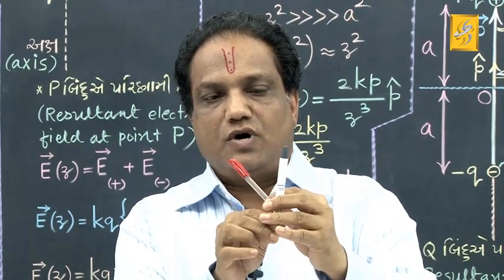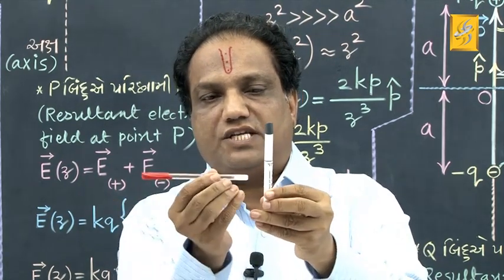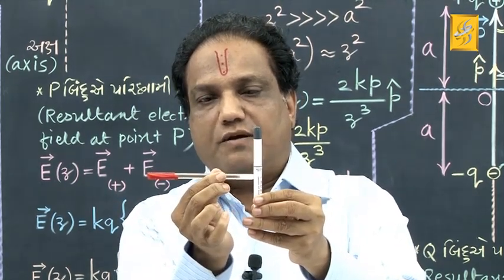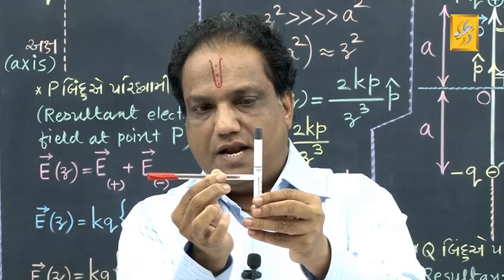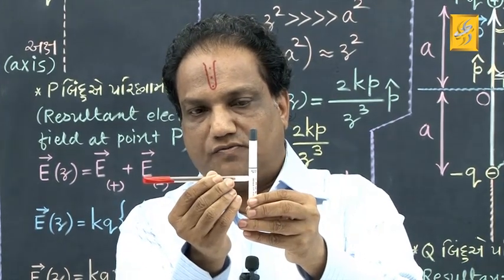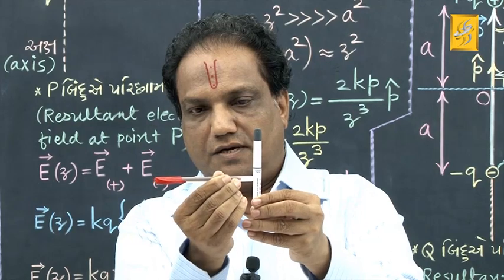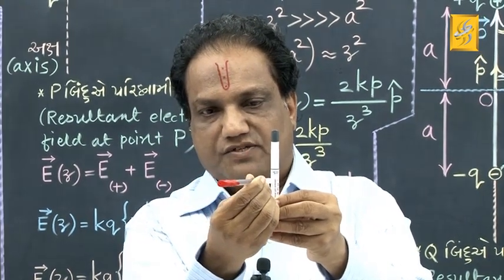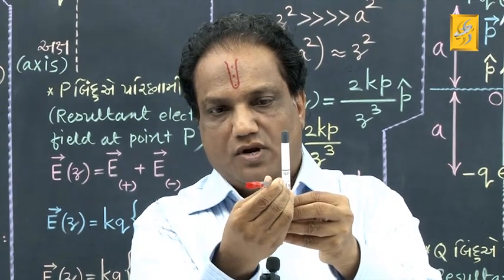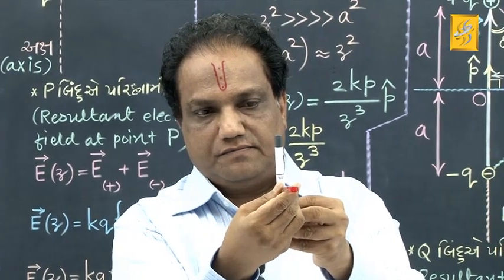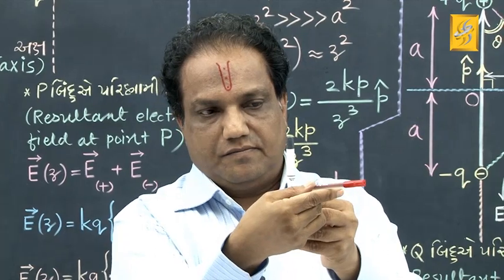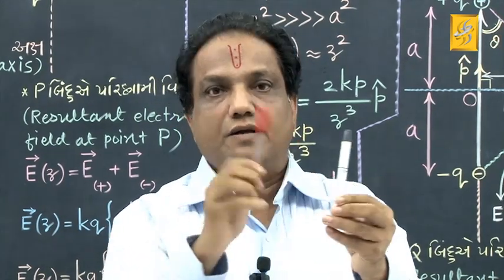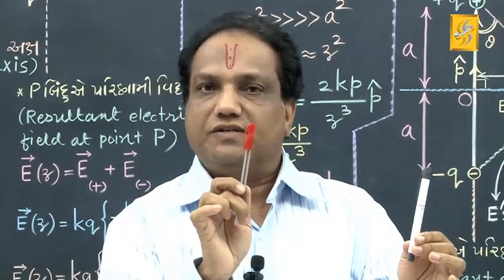If you take this as a perpendicular bisector, it becomes an equatorial line, and now you may rotate it this way. All these lines are perpendicular bisectors for the axis, and they are infinite in number.